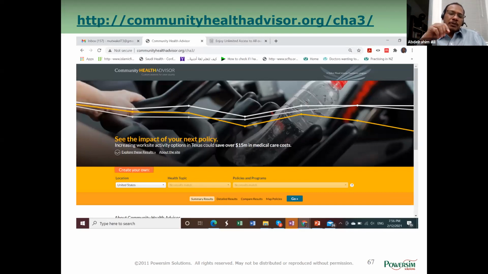Actually, it's not 100% dynamic, but they have mini simulations to talk about different risk factors and the savings of lives and resources if the county or the state implements these interventions.